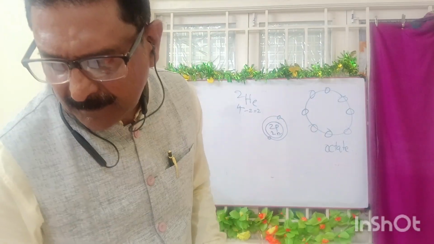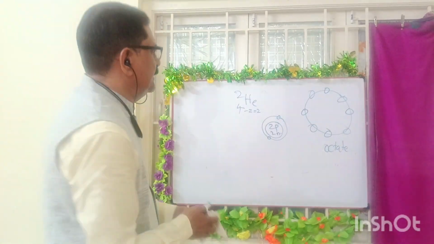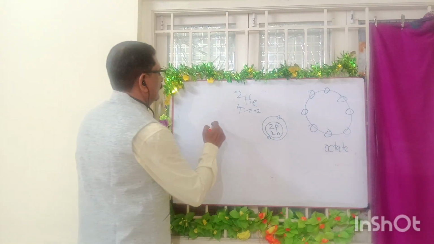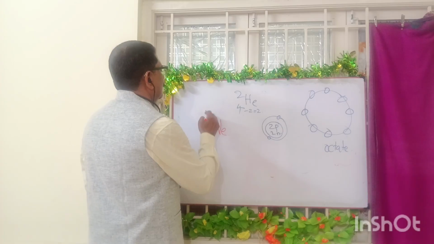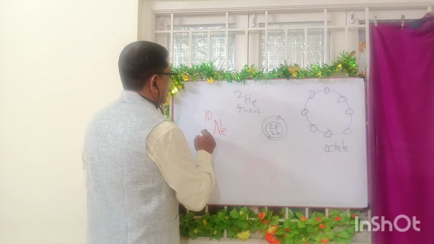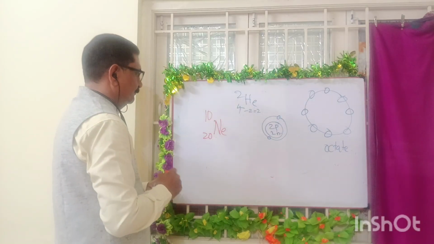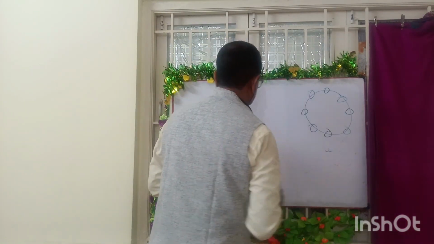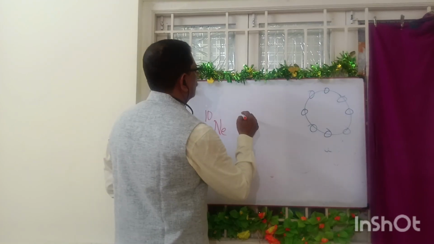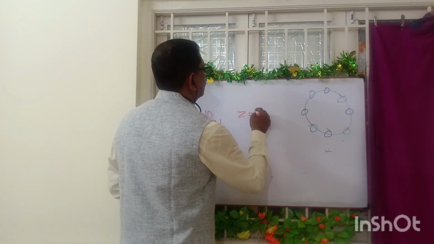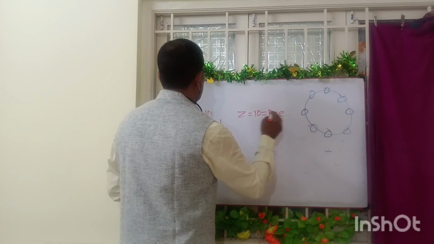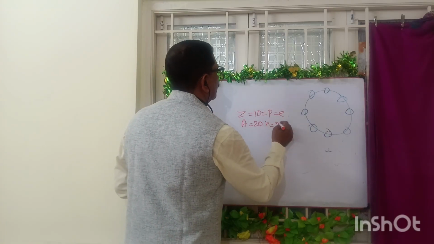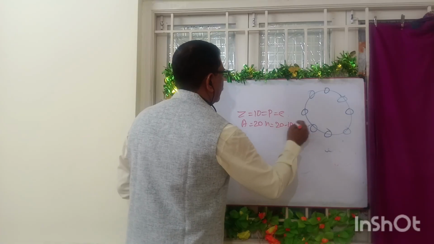Now, next, take the case of neon, 10 and 20. I will write it here. Neon, 10 is the atomic number and 20 is the atomic mass. Let us draw the structure of neon. Z is equal to 10, that is equal to P, that is equal to E. A is equal to 20, therefore N is equal to 20 minus 10 is equal to 10.